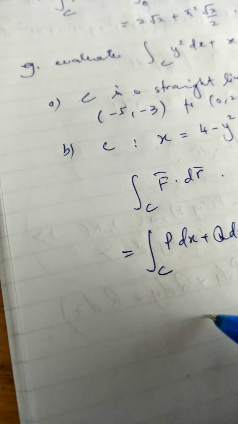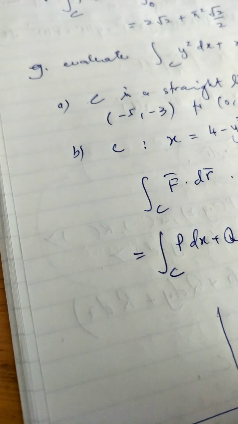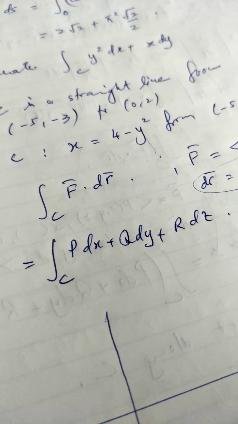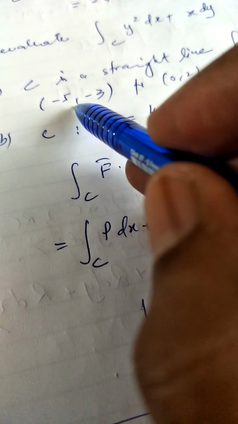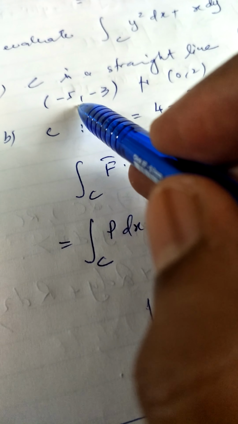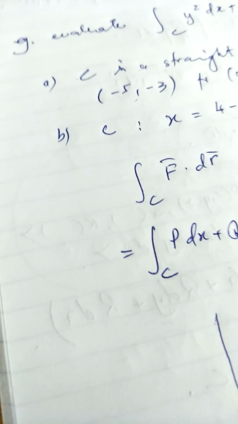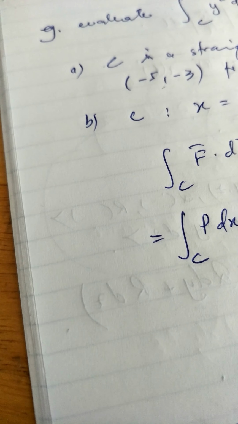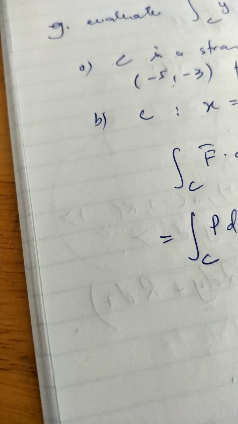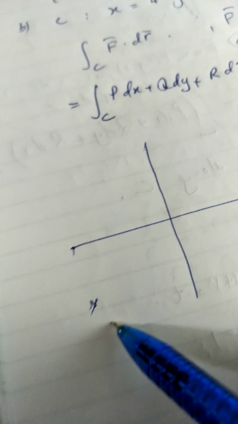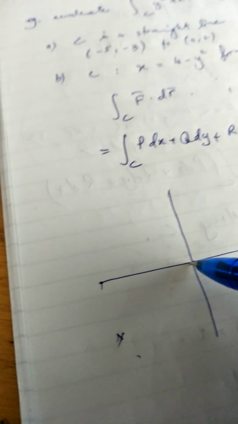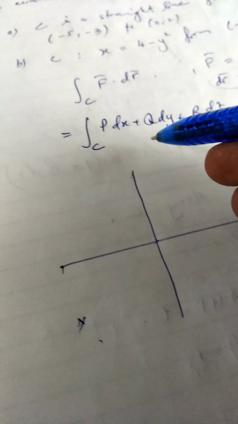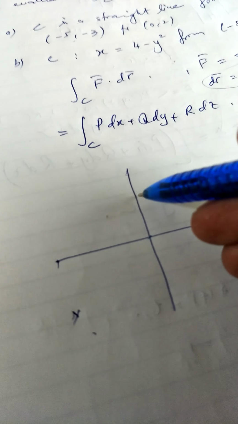If we sketch those points and try to sketch the path C, look at this point, minus 5, minus 3, so x is minus 5 and y is minus 3, let's say somewhere here, and another one is 0, 2, somewhere here, right?